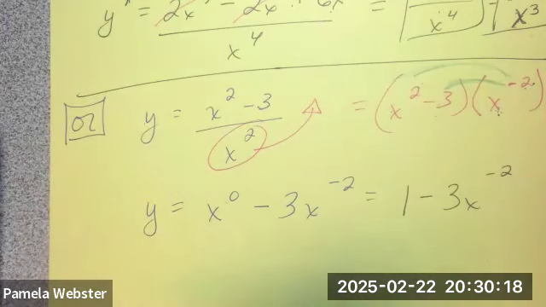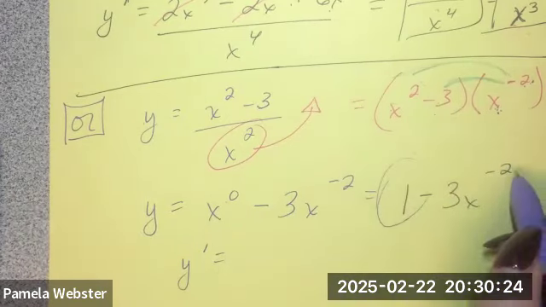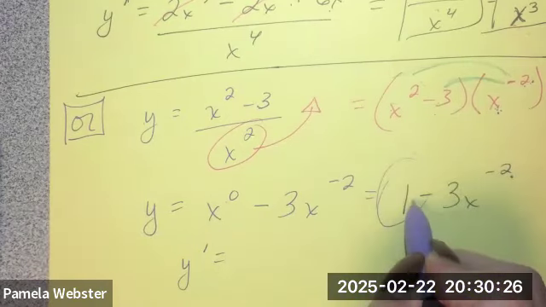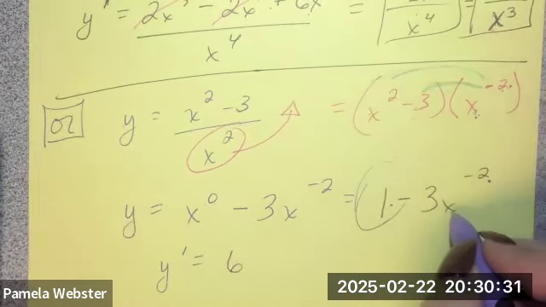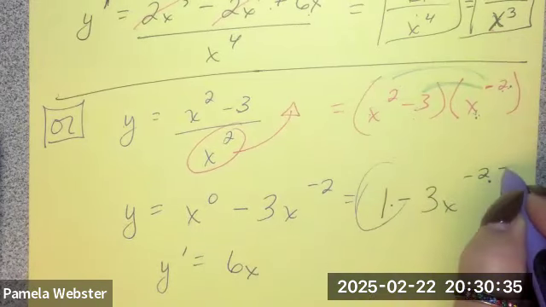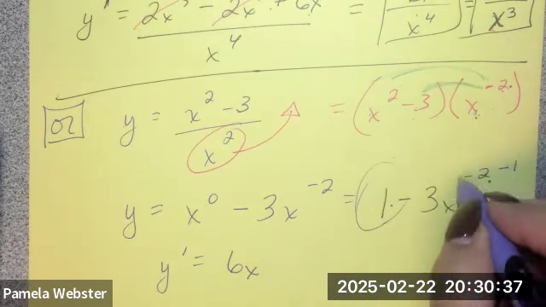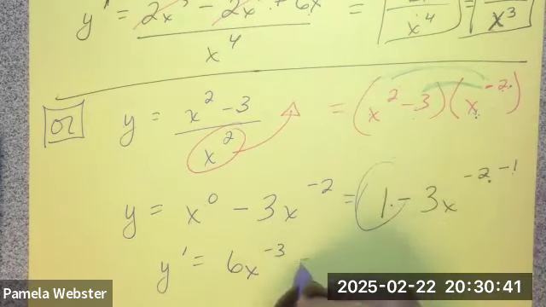And when I go to take this guy's derivative, y prime equals, derivative of a constant is 0. Negative 2 times negative 3 is a positive 6. And then be careful with this because it's x to the negative 2 subtract 1. We did this last time. Negative 2 minus 1 is a negative 3, right?